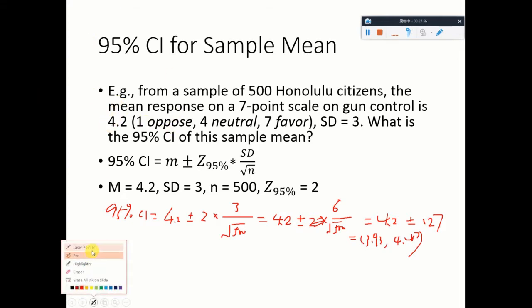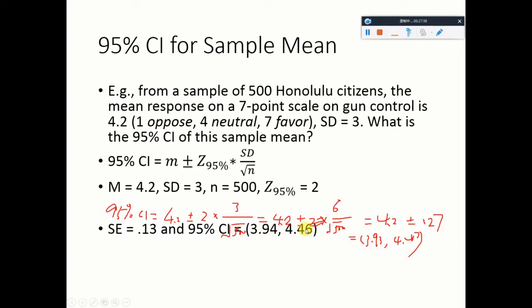Let's check the answers. Close enough, right? The standard error should be 0.13, and 2 times 0.13 is 0.26. Because of rounding errors I have 0.27 here, which is close enough, and my answer is very close to what is on the slides.